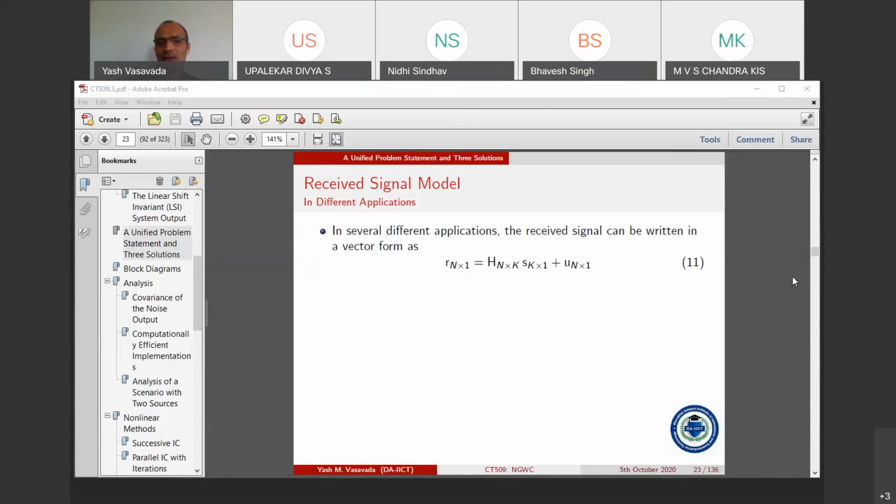So 4 possibilities are not too many. Remember, in all of these detection techniques, we assume that H is known, matrix H is known. So I can take each one of those 4 possibilities, multiply it by H, and that will become R hat, my estimated R. And then I will just take the Euclidean distance between R and R hat.